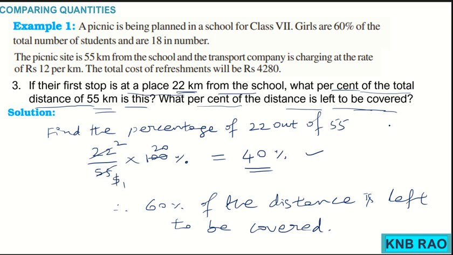So if I take the total distance to be covered as 100, in that 100, 40% is already covered, that means the leftover 60% is yet to be covered. So this is how we solve this question.